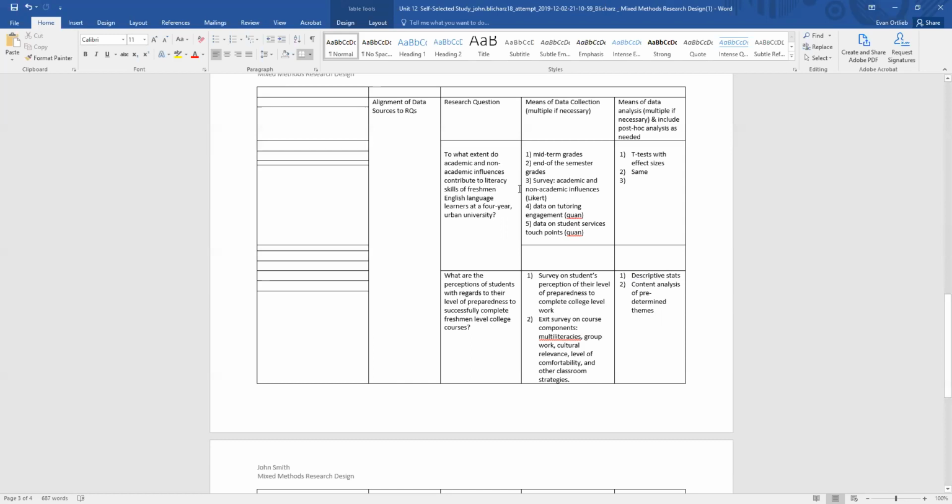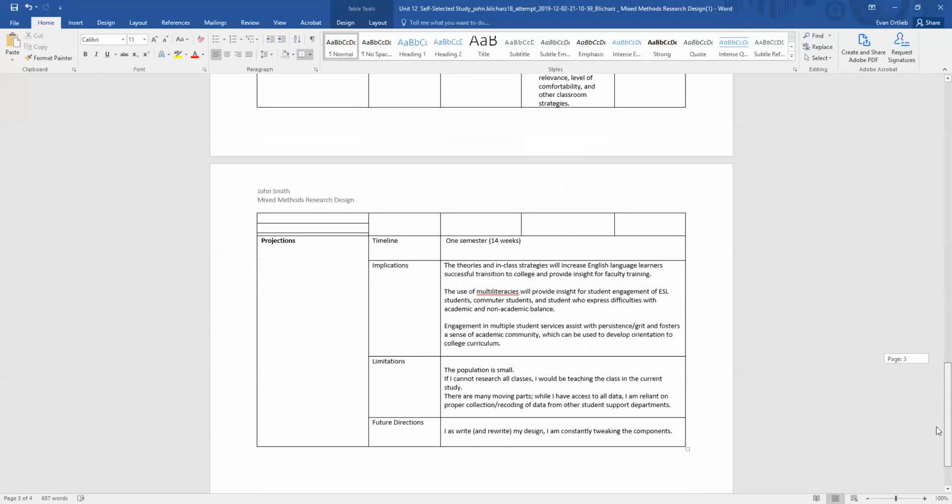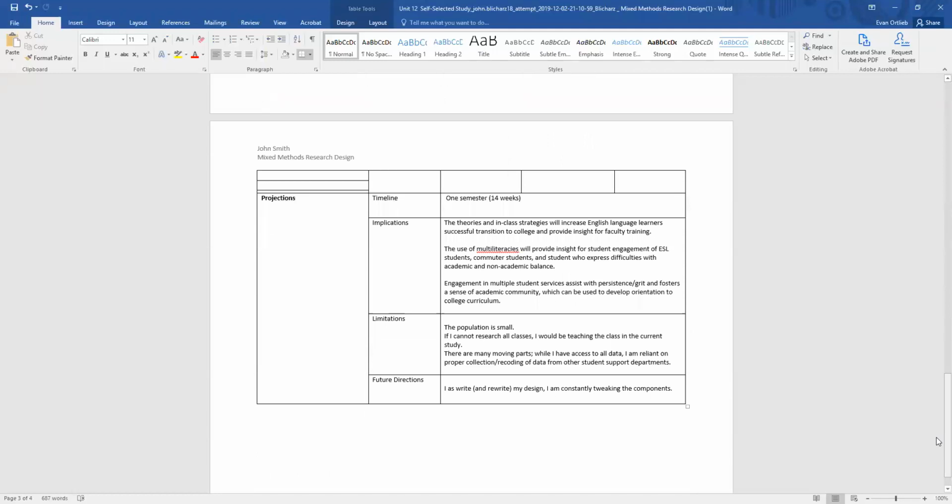You want transparency and alignment between the research question, means of data collection, and specifically how you're going to analyze that data. Don't just say it's going to be qualitative or quantitative. That's not specific. The timeline could be over 14 weeks, but specifically within the 14 weeks, what will it look like? How many weeks will be collected? How long will it take you to analyze it? How long will the surveys take, et cetera?